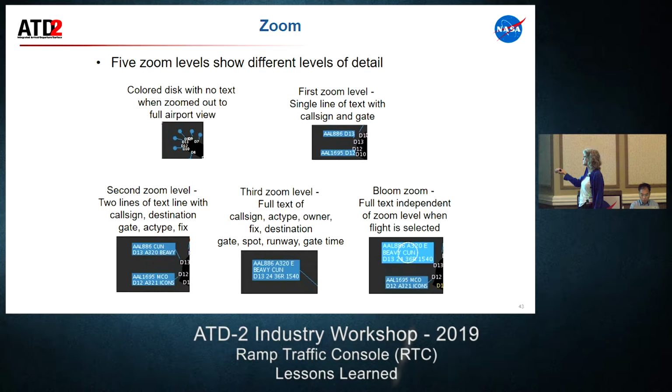Then we have the 3rd zoom level of the full text. And then this bloom zoom is the full text that's independent of zoom level, and that's what's always shown when the flight is selected. When the flight is selected, it's also shown with a little bit of a highlight so that it stands out.